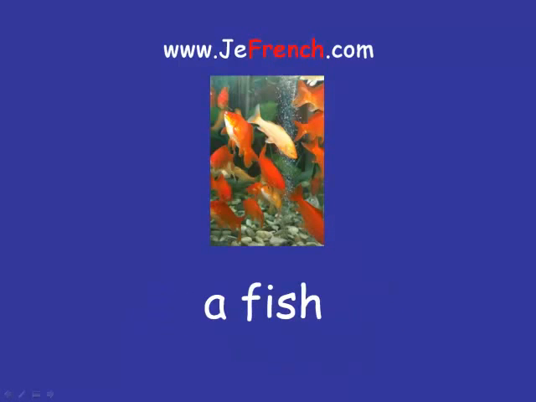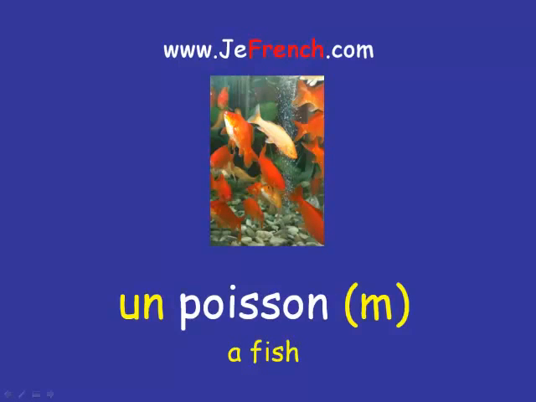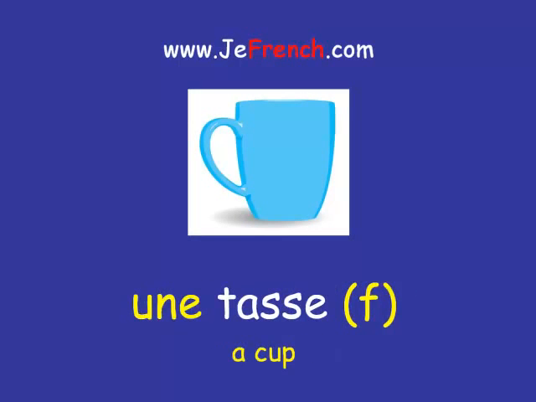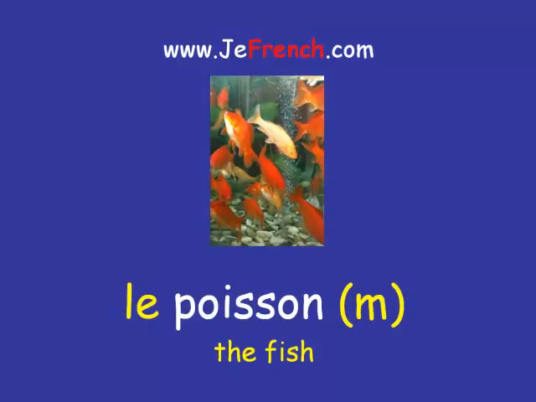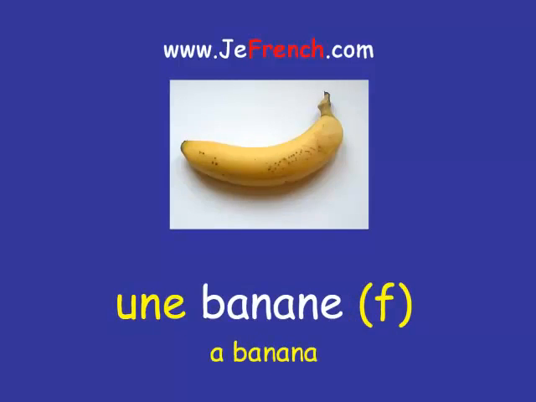A fish, un poisson. So un poisson is masculin. A fish is masculin in French. La tasse, une tasse. Le poisson, un poisson. Une banane, a banana, une banane, féminin.